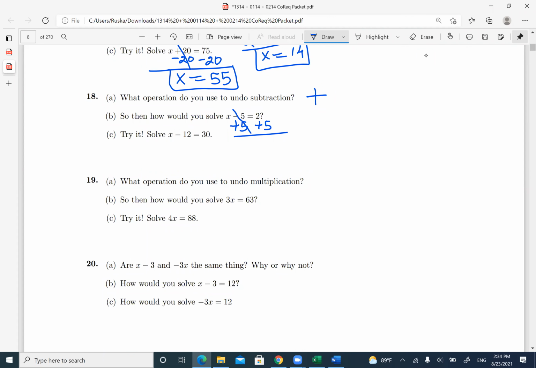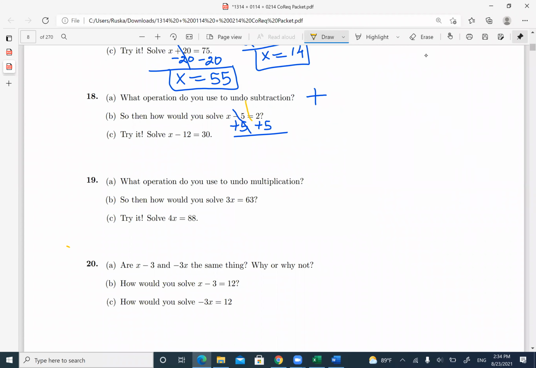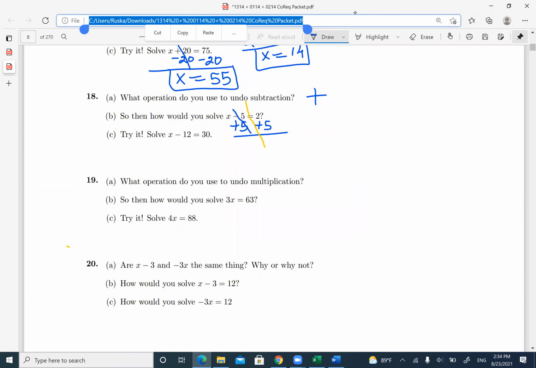Whatever you do on the left, you have to do the same on the right side. So if I add 5 on the left side, I have to add 5 to the right side of the equation. The equal sign is here, so these are the two sides. So always keep that in mind.